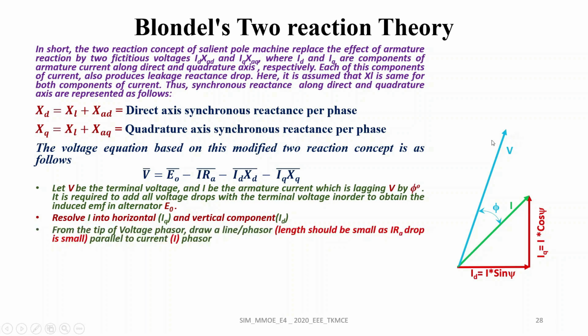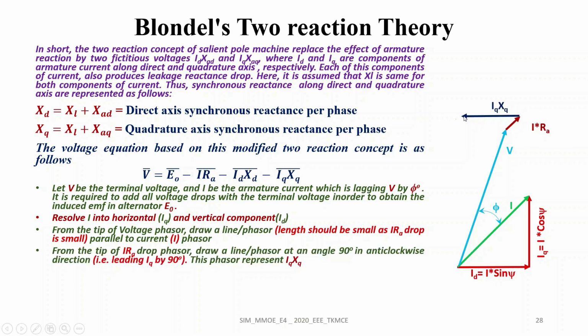Then we need to add all the drops. First of all, let's add the armature resistance drop. The armature resistance drop I into RA is drawn from the tip of the V phasor, parallel to the armature current. So this is the I into RA phasor. Then let's consider the IQ XQ phasor. From the tip of the I into RA phasor, we draw a phasor leading IQ by 90 degrees. Then from the tip of the IQ XQ phasor, we draw a phasor leading ID by 90 degrees.